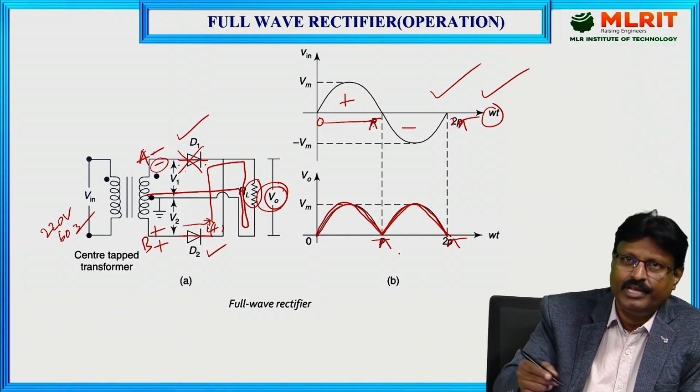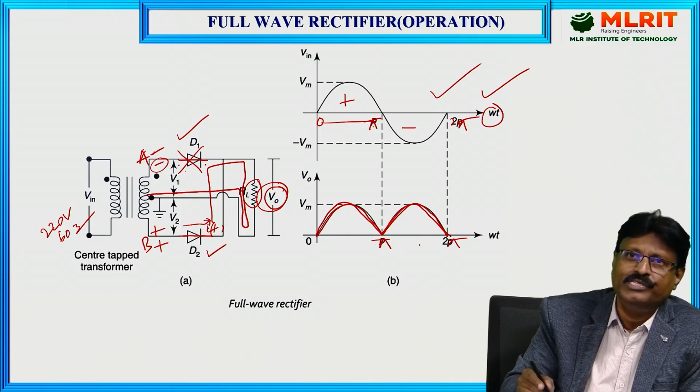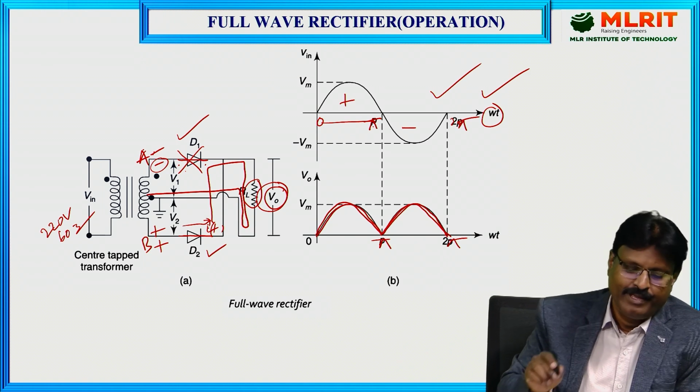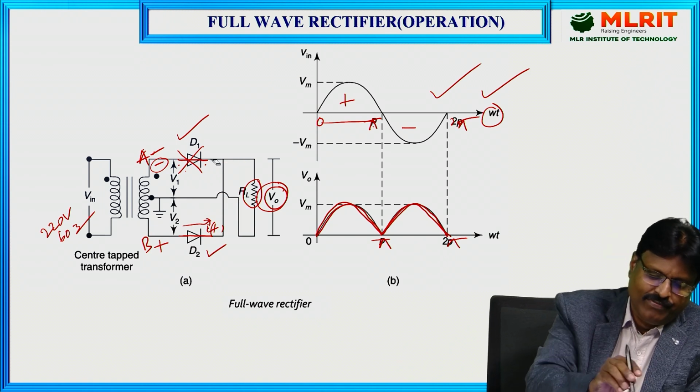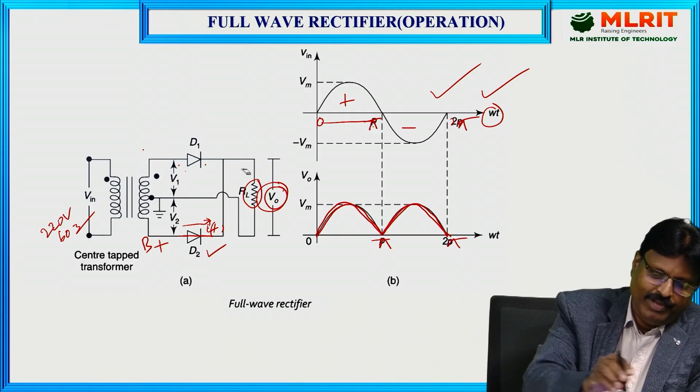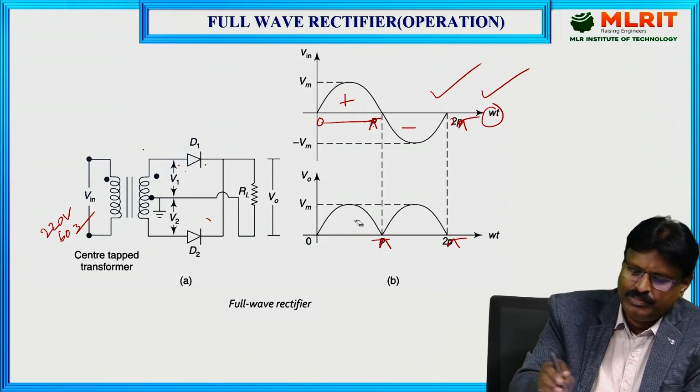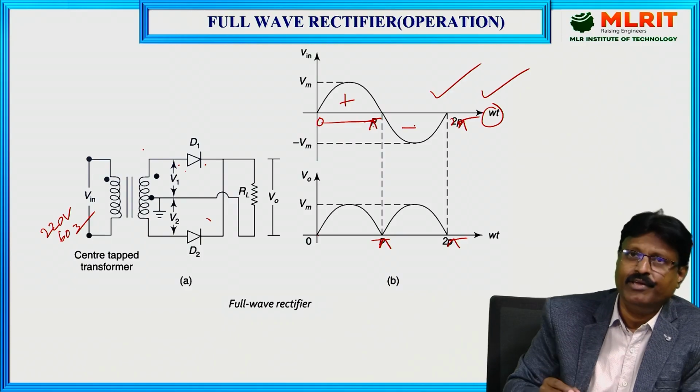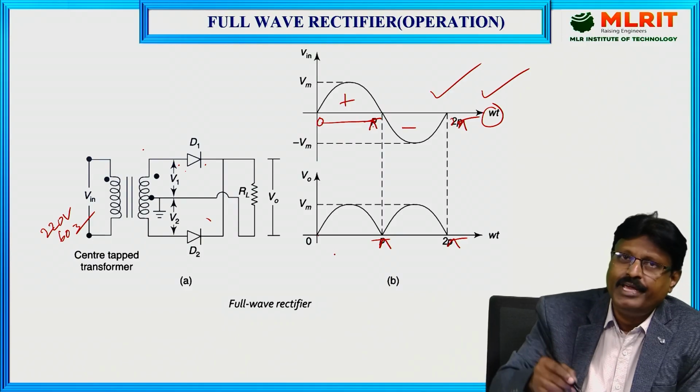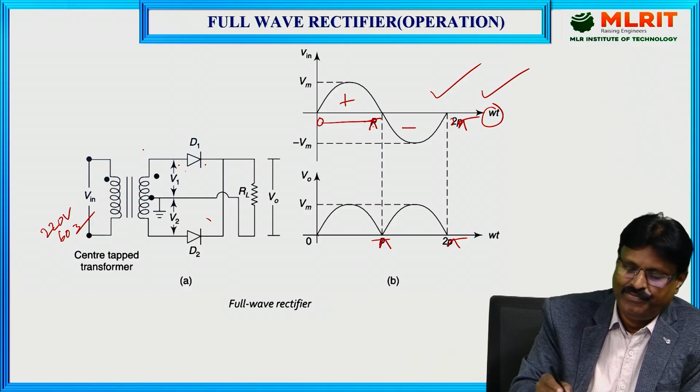During the negative half cycle the output voltage was equal to 0, because we are using only one diode, right? So this is about the operation of the full wave rectifier. What is happening here? Both in the positive half cycle as well as the negative half cycle, the output voltage is developed.